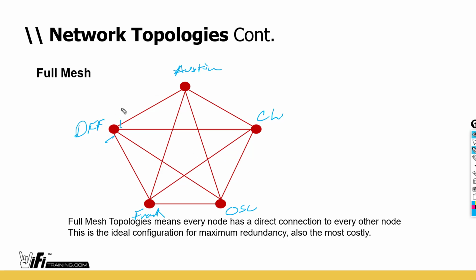So this gives us the most redundancy, but it also comes at a much higher cost, because that means that I have to purchase circuits to each one of these sites. So for every site, they would need 4 other circuits to be able to have a full mesh topology. That gets expensive.